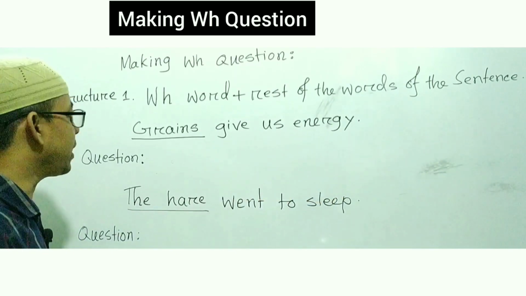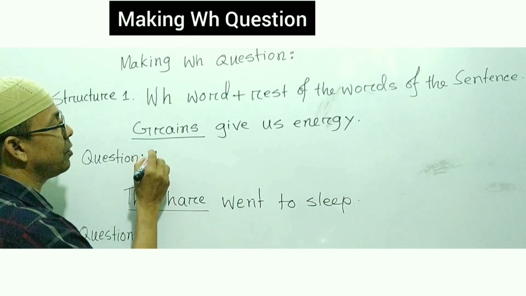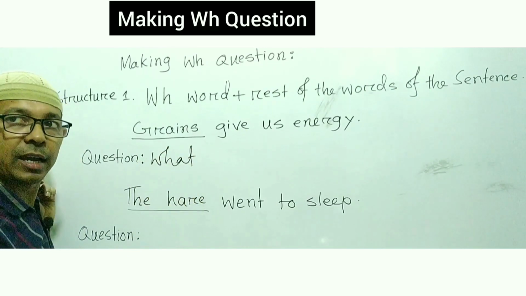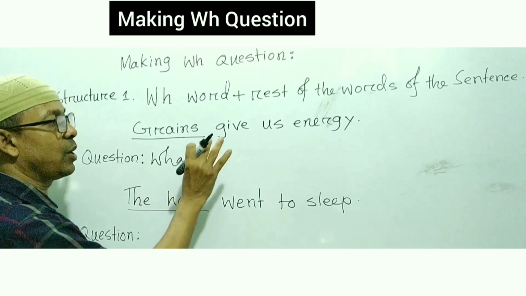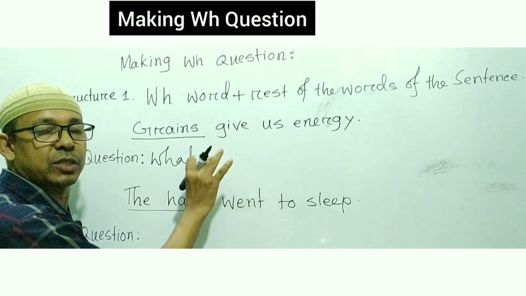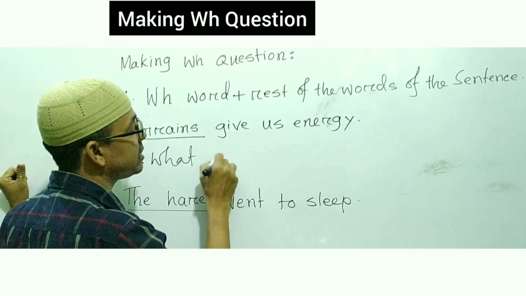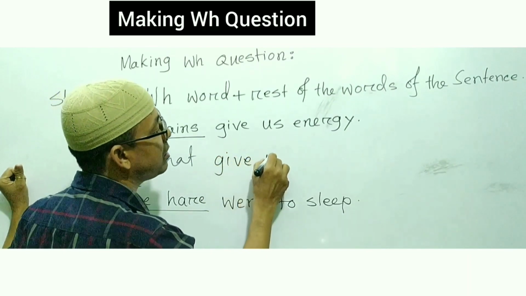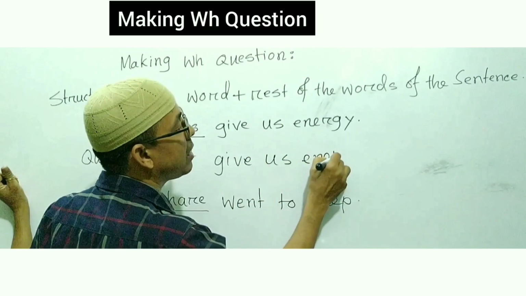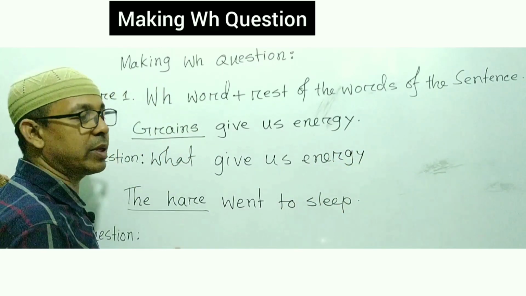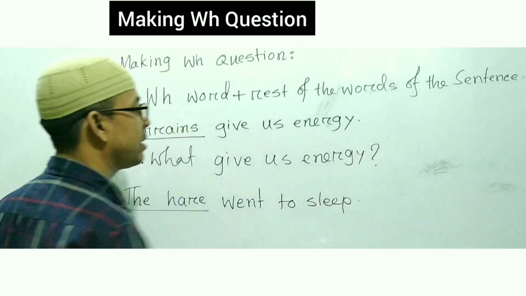Okay, this is very easy. So at first write "what," and all the rest of the words of the sentence will be written: "give us energy." And at last, a question mark should be given.